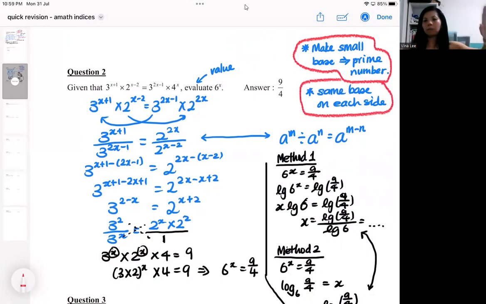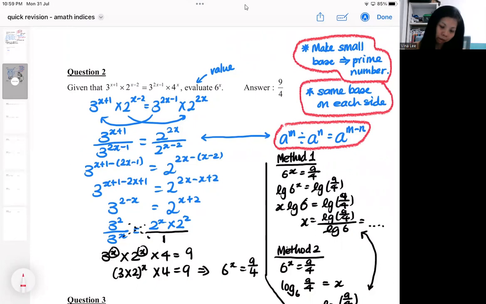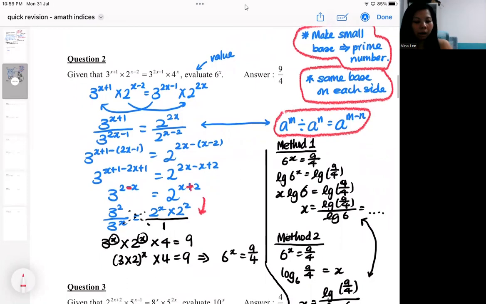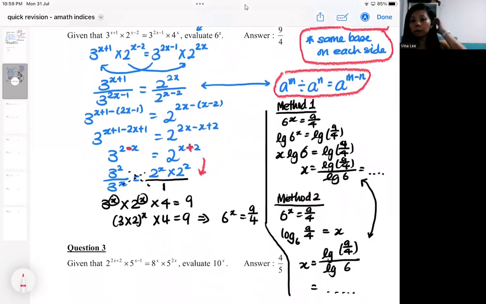So one base on each side, like you separate them. Then subsequently, when you do that, you should be applying same base division most of the time. After that, your job is to split. So if you take a look here, I split. I've got to apply the backwards of the laws of indices so that I can cross multiply and eventually I will get the values.